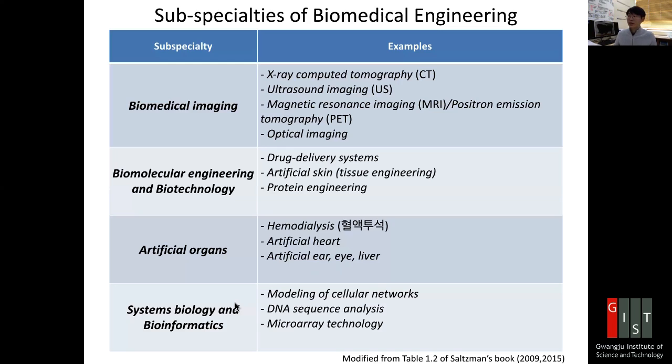And lastly, I want to explain the systems biology and bioinformatics subspecialty. As our understanding of the basic biology gets more sophisticated, we are now not only seeing individual cells, but the network of cells. Or inside the cell, we call it a cell signaling network, and those are very complicated.